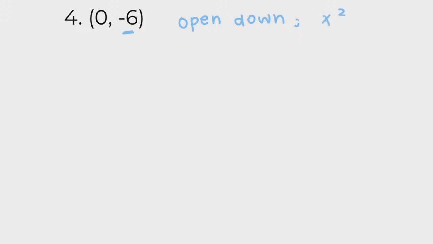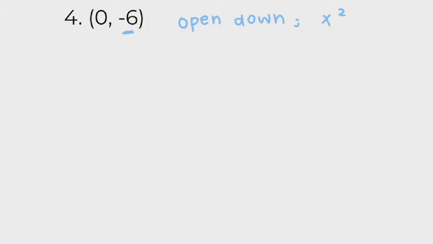Okay, next we have the point 0, negative 6 as our focus. And this is going to open down. So our vertex is at 0, 0, and 0, negative 6 is below that, and that'll kind of tell you the direction that the parabola will open. So since it's going to open down, that means it's going to be x squared.